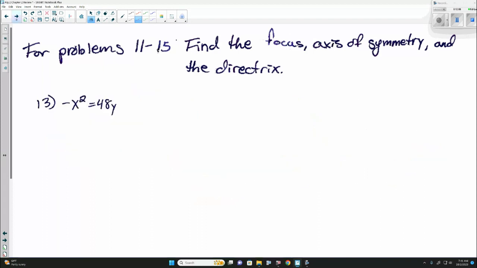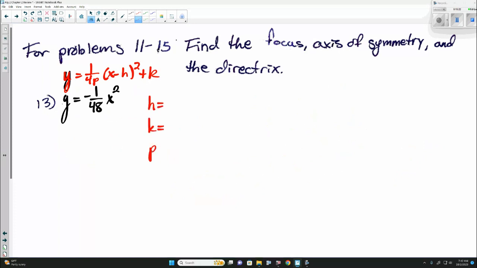13. All right, so this is the problem that's in your note sheet. It looks a little different than I had it originally, but this is the one that y'all are working with. Now, because it's y equals, the general form is y equals 1 over 4p times x minus h squared plus k. And again, we need to find the values of h, k, and p.